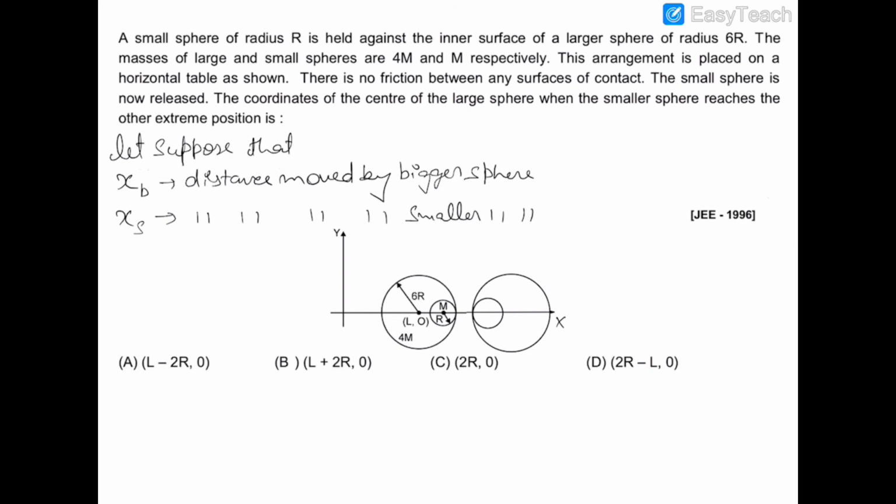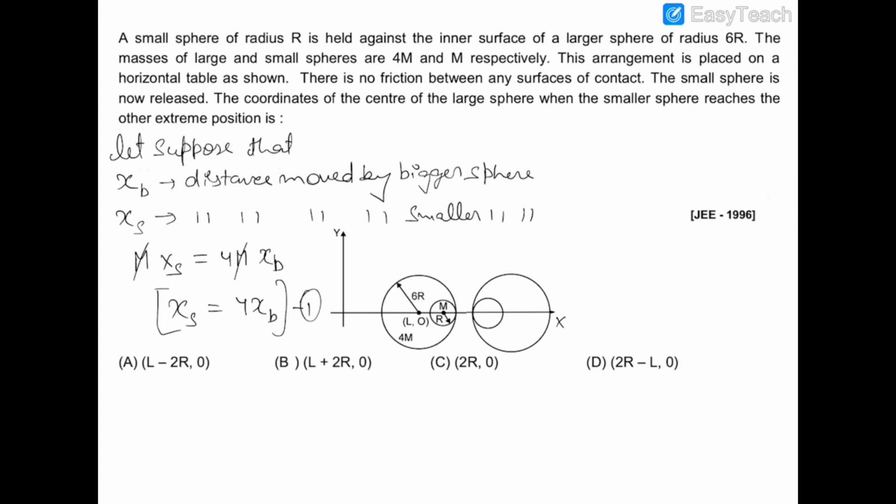So we can say, by balancing the mass movement, that the sum of the mass movement of both these spheres would be 0. We have already discussed the things about mass movement. Therefore m is the mass of the smaller sphere, and m into xs will be equal to 4m into xb. This is the equation of mass movement, and therefore we can say that xs will be equal to 4xb. This is the first relation.